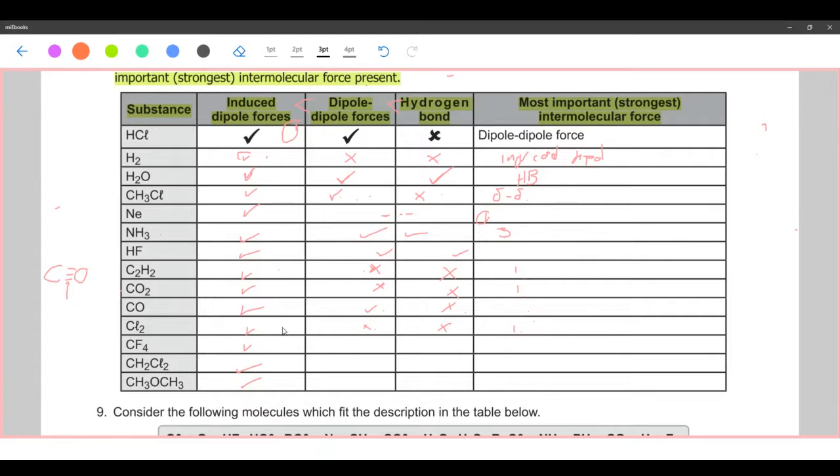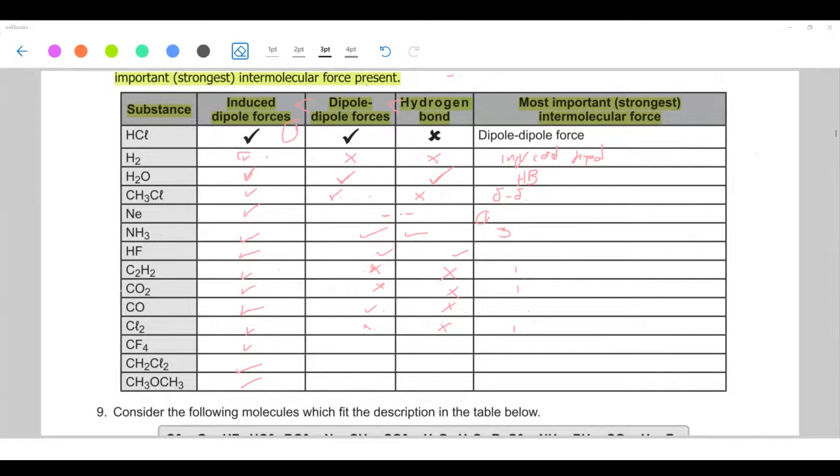Most important is induced dipoles. The next one, Zama, CF4. I said yes and no.